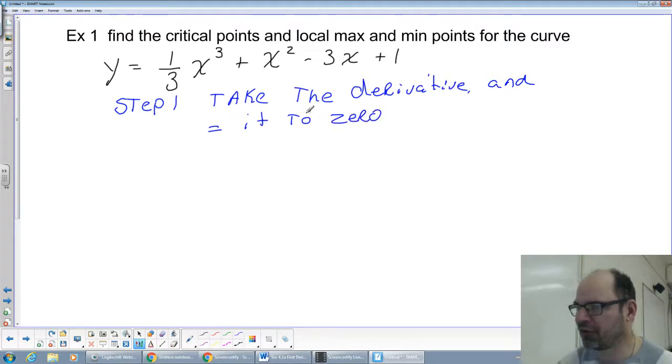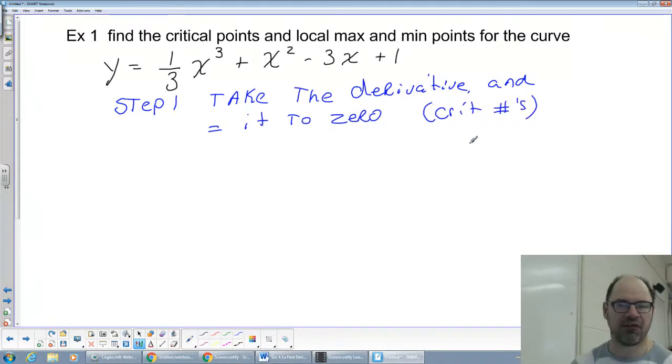That gives us the critical numbers, the flat spots, so you can have a maximum or minimum.